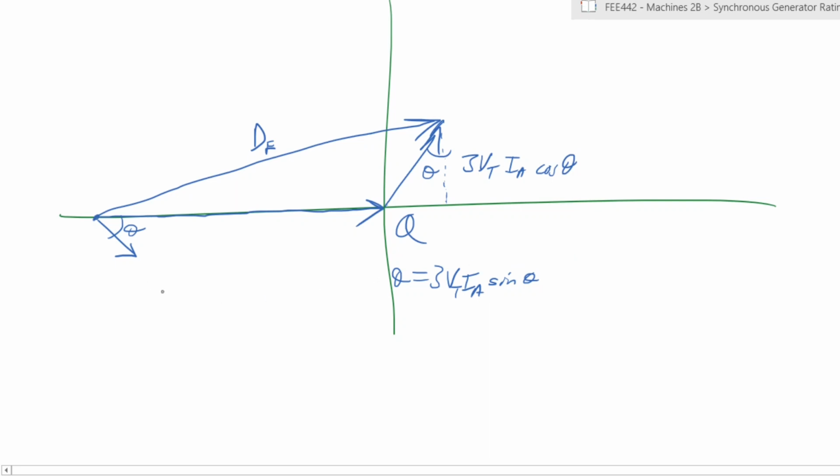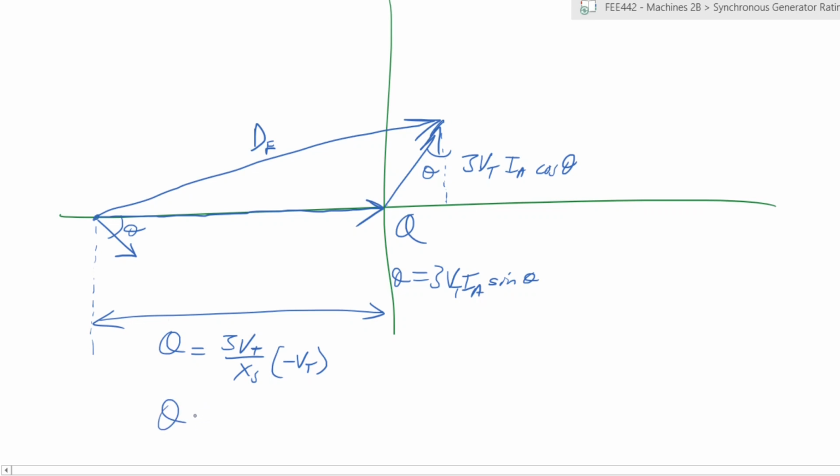With the conversions, we can then state that at this point VT, this particular angle, or rather this particular vector, would be equal to Q in VT XS into negative VT, because this is the factor that we use to convert those voltage current phasor diagram into a power diagram. So that means Q is equal to negative 3 VT squared over XS.